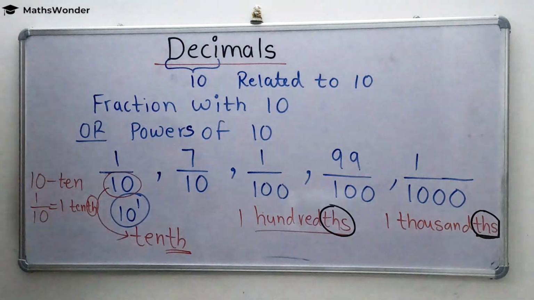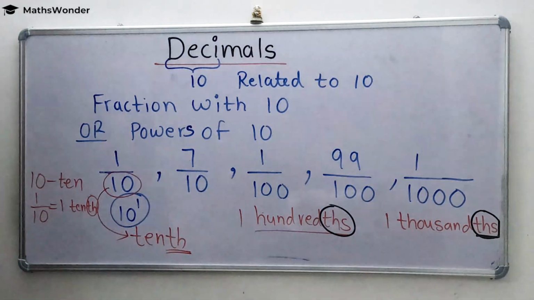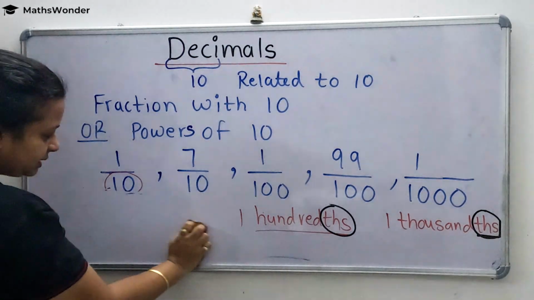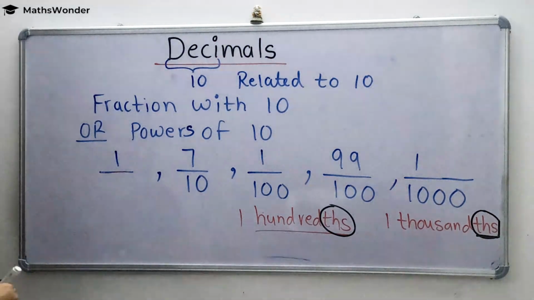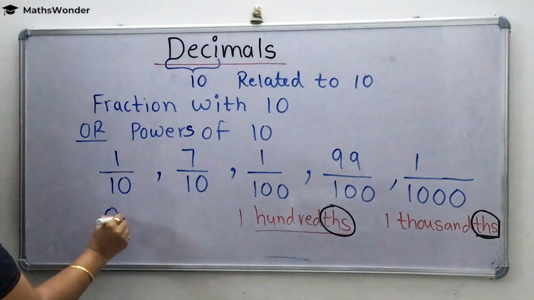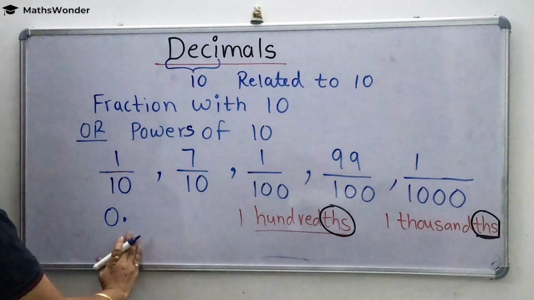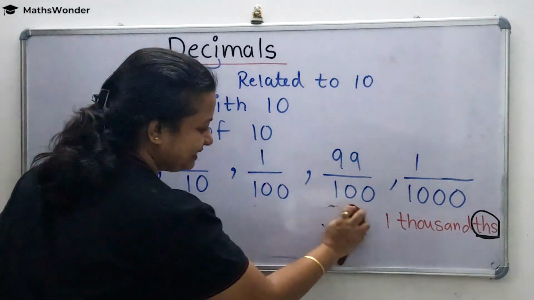Now, numbers expressed in decimal form are called decimal numbers. When we convert the same thing into decimals, how do you write 1/10 as a decimal? 0.1. For 100 you add one more zero.